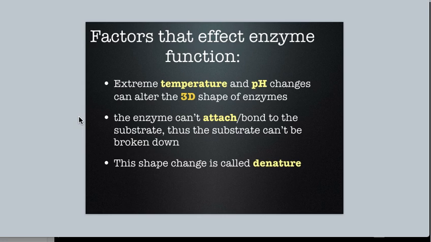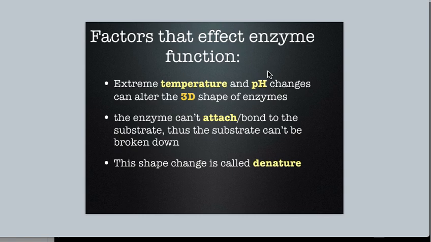pH changes. This often happens with a bacterial or viral infection. That can change the pH of your stomach. It can raise that pH or it can lower it so that the enzymes that are supposed to work in the stomach fall apart and they can't function anymore.